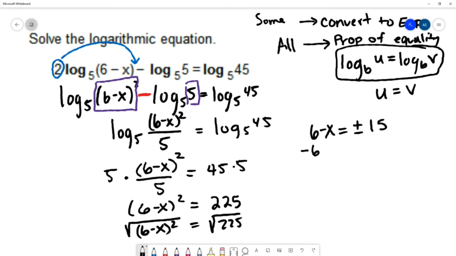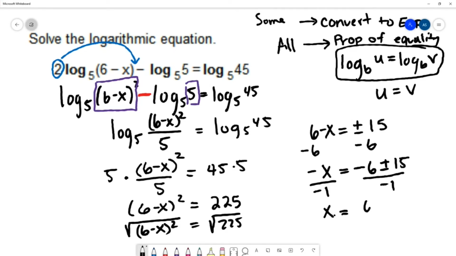I'll subtract 6 on both sides. That's negative x equals negative 6 plus or minus 15. I'll divide both sides by negative 1. That's x equals 6 minus or plus 15.